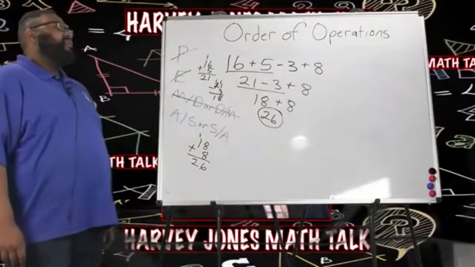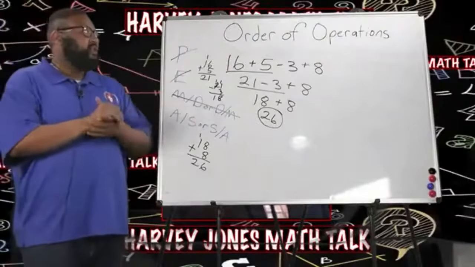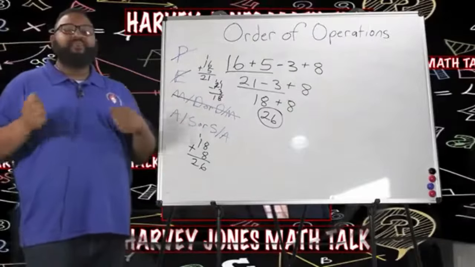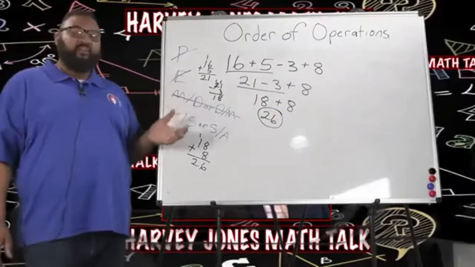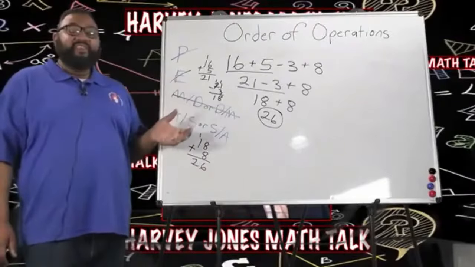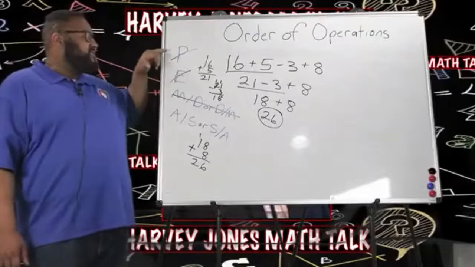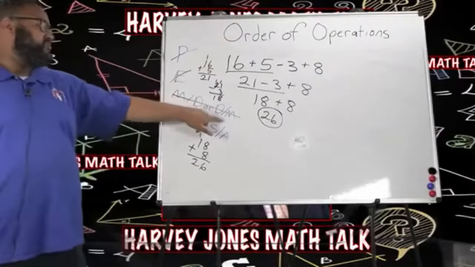Okay? This is why we have to look at the order of operations, just know them. Why? Because every problem is going to be different. Notice, all of the problems that we did tonight, we did something different with them. But the key thing is we followed the what? Parentheses, exponents, multiplication, division, or division, multiplication.